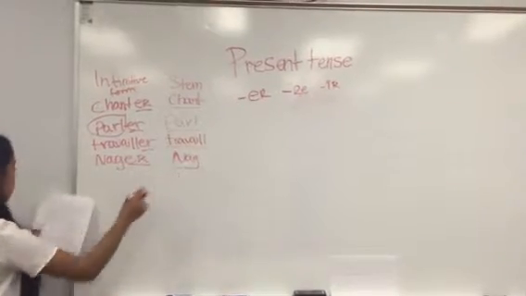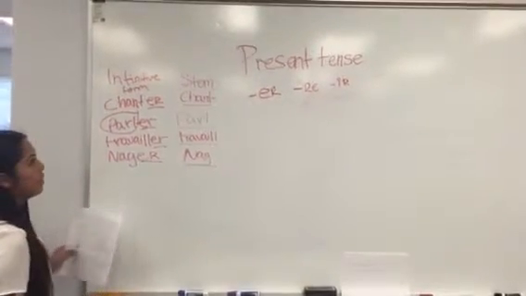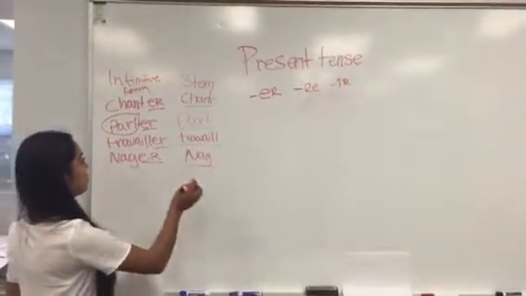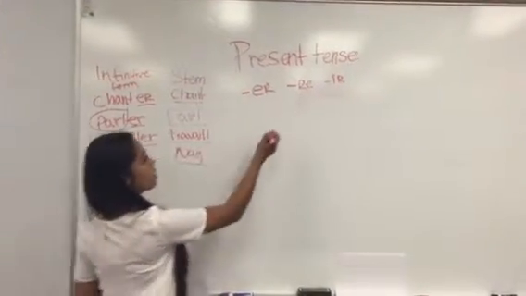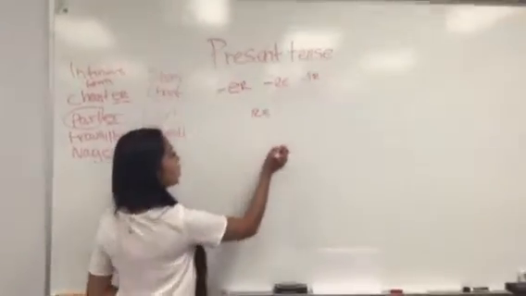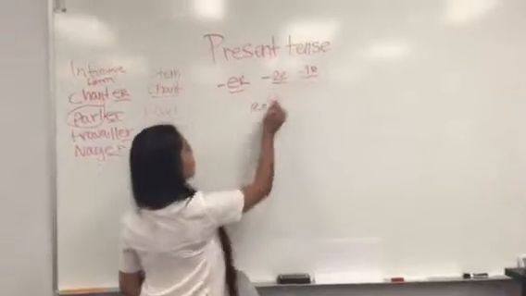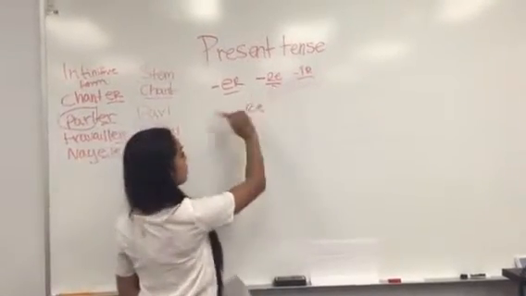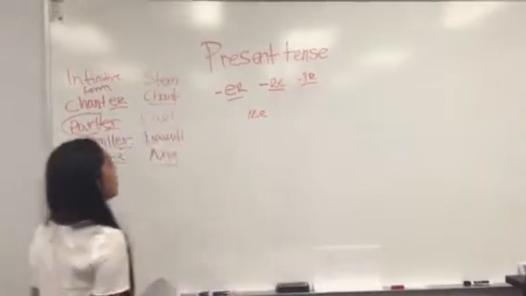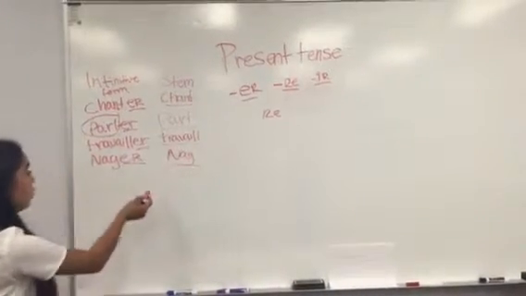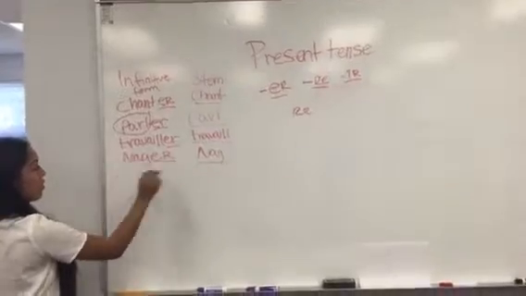That would be the stem. And the stem for all of them is the same. You just take out the ER, the RE, or the IR, and what remains is the stem. All together would be called the infinitive.